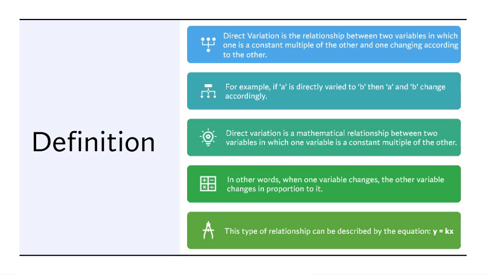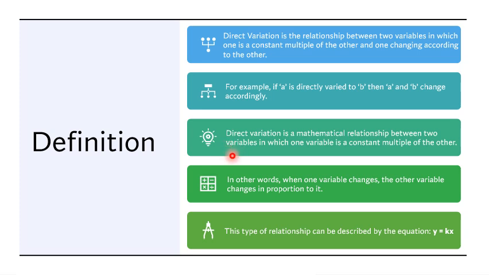Let's take an example. In this case, they're saying if A is directly varied to B, then A and B change accordingly. Okay, A and B change accordingly.